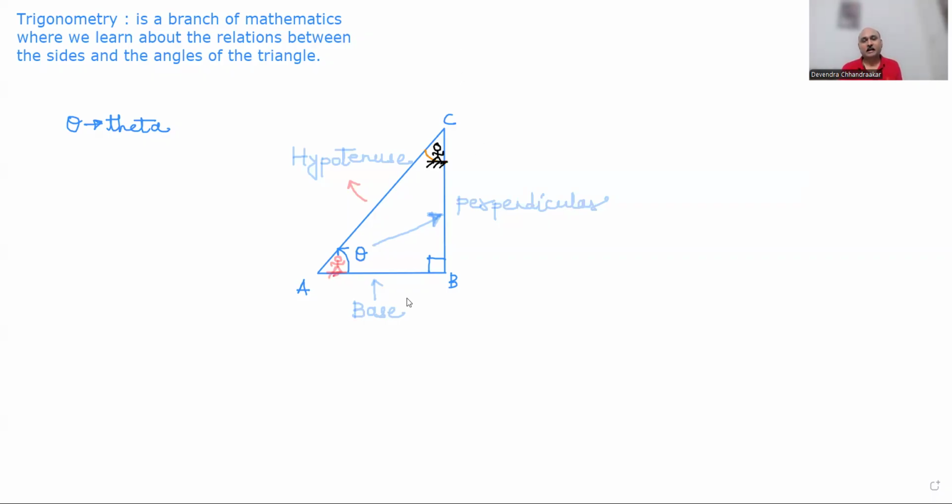All of you type in the chat window which side will be base and which side will be perpendicular with respect to this man. I repeat the question.